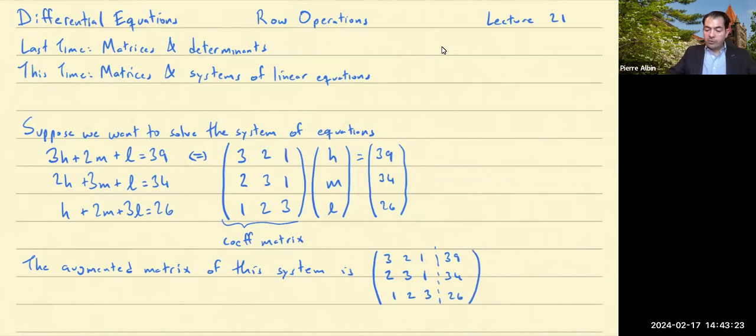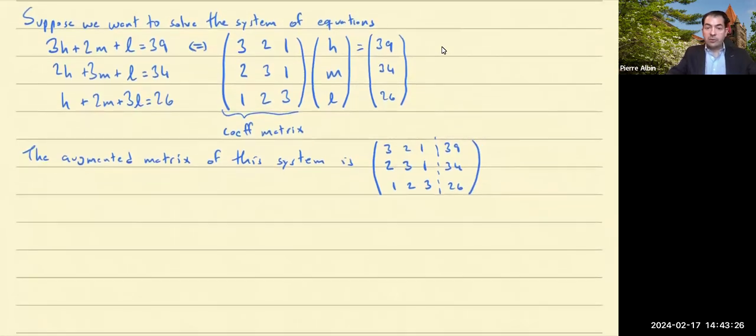Now the strategy for solving this system of equations is to perform simplifying operations on the system, but always in such a way that we don't change the solutions. These operations are called row operations.